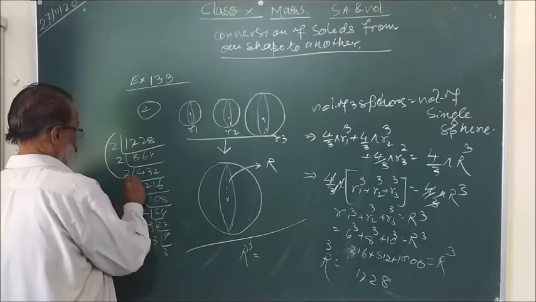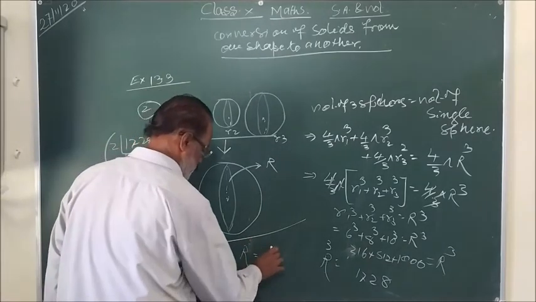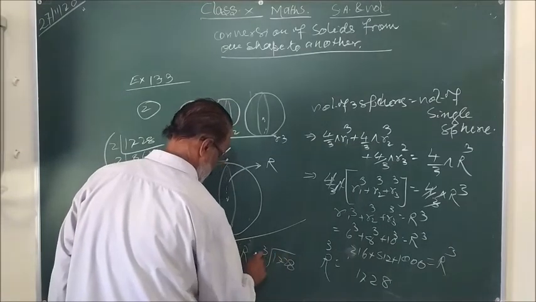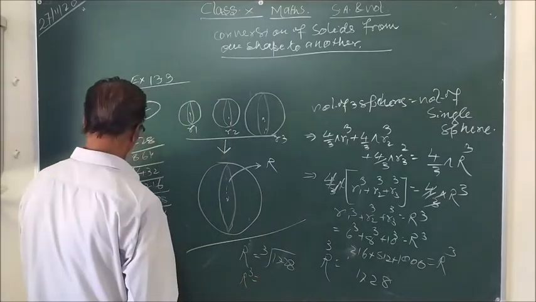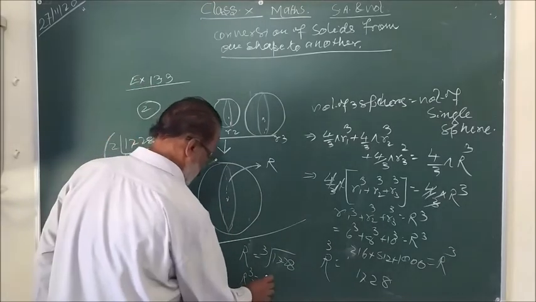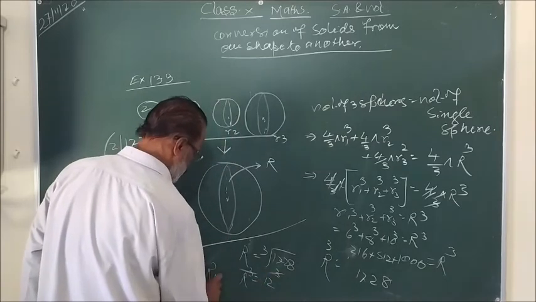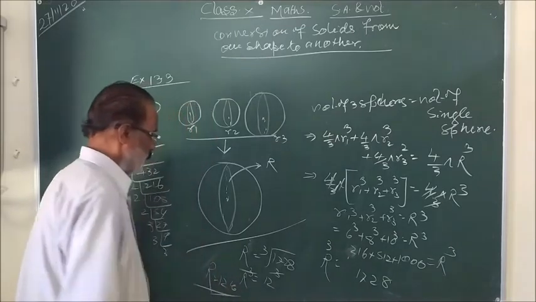So R is equal to the cube root of 1728. R cube is equal to 2 to the 6 times 3 to the 3, which is 12 cube. So R is equal to 12. This is the radius of this sphere.